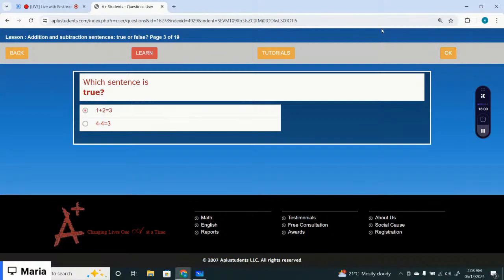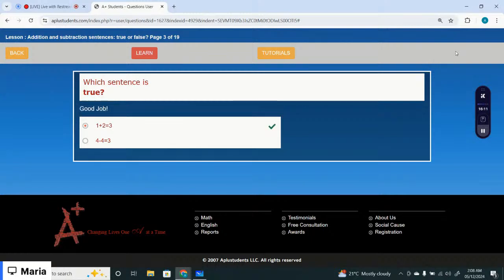That is 1 plus 2 is 3. Option number 1 is the correct option.